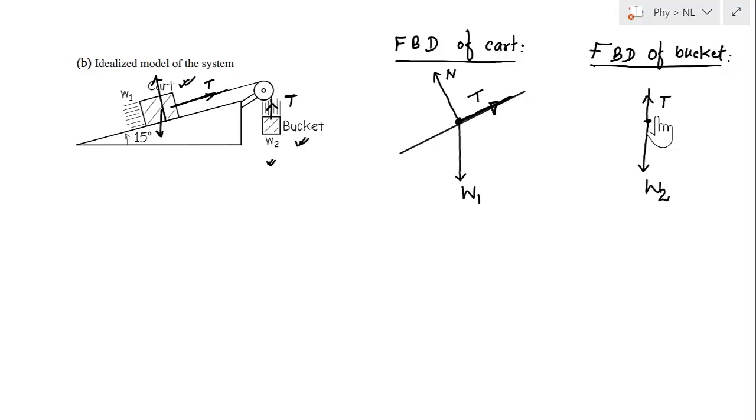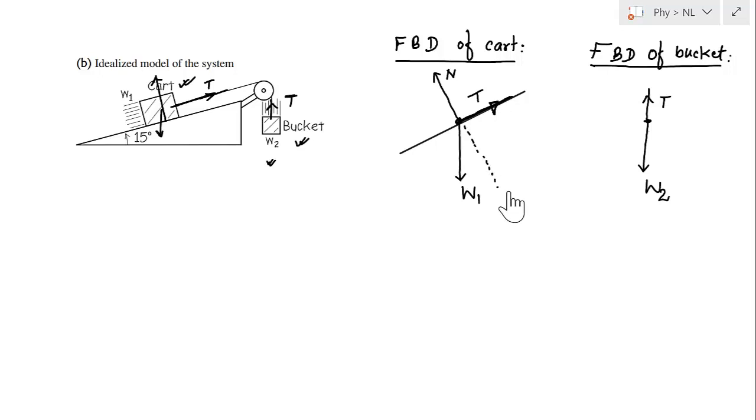Before solving this, you have to first resolve the components along the incline and perpendicular to the incline. You remember, whenever we solve problems on an inclined plane, we take the components of forces along the inclined plane and perpendicular to the inclined plane. So we have to take something like this.